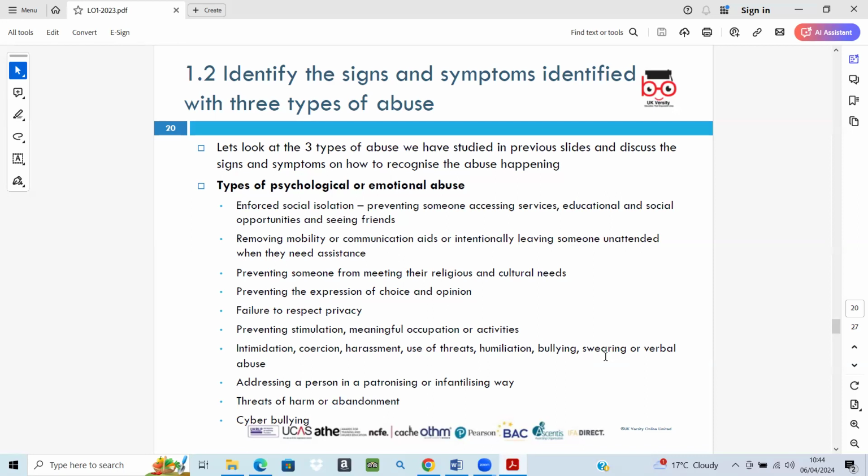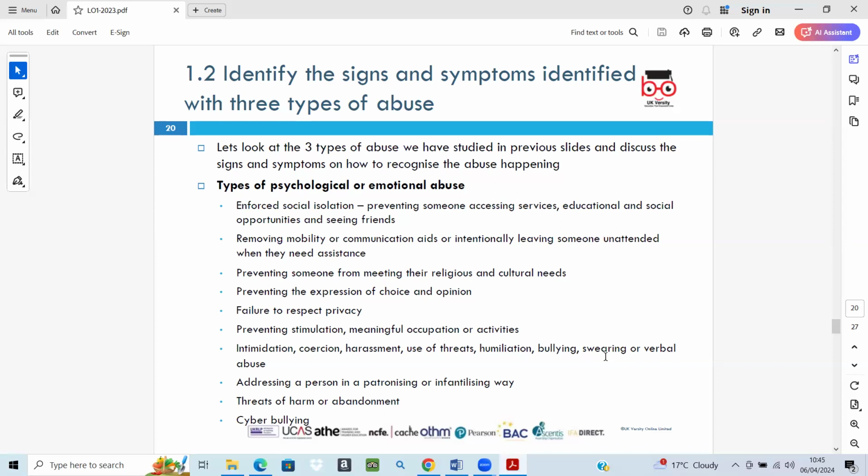Then we have removing mobility or communication aids. For that, like every abuse has some signs and symptoms, whether they are physically visible to us or not. In case of emotional or psychological abuse, we need to see the signs and symptoms.